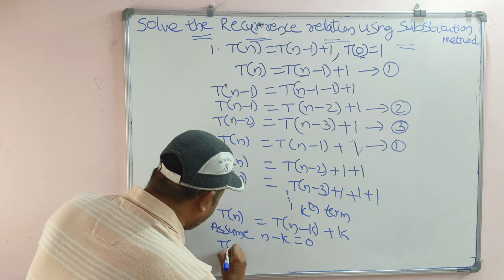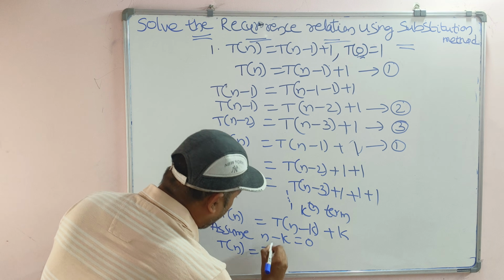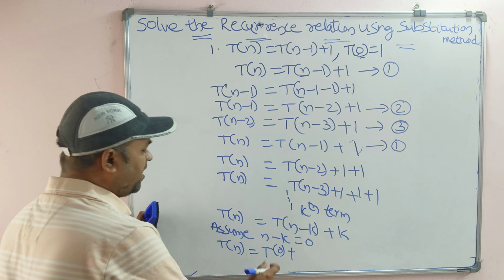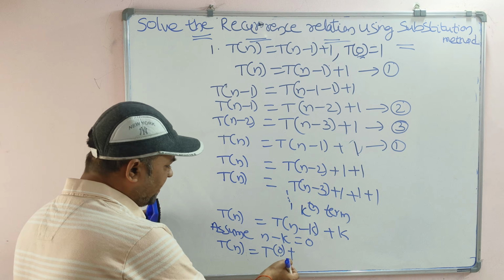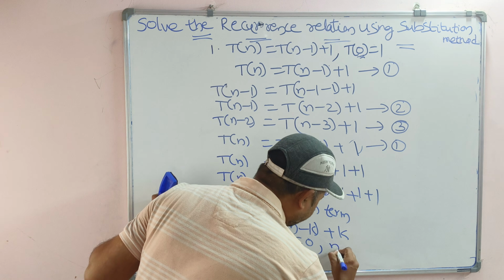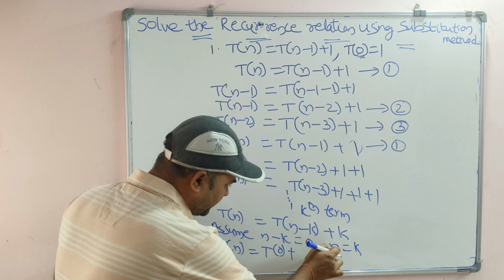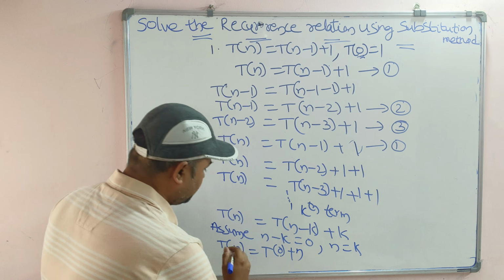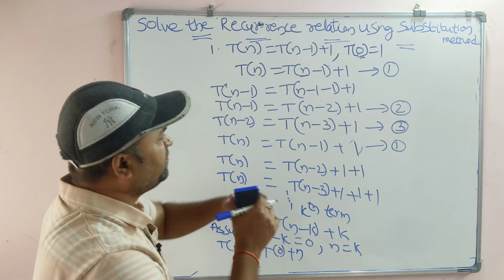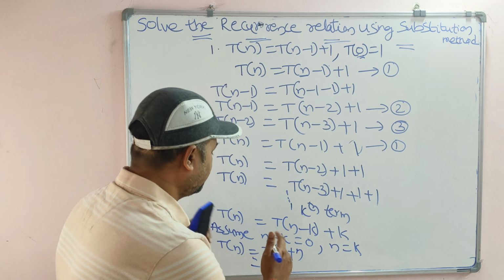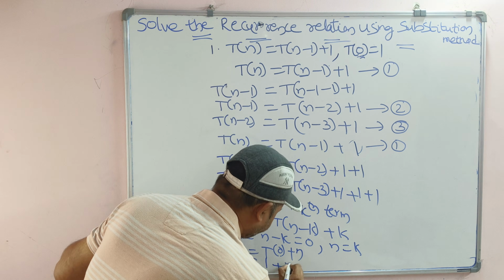Then we will get T of n equal to T of, what is n minus k? T of 0 plus, here we have k. If n minus k equal to 0, then we can say that n is equal to k. So that means here the k value is n only. So that is equal to T of 0, which is given in the problem as 1. So 1 plus n.